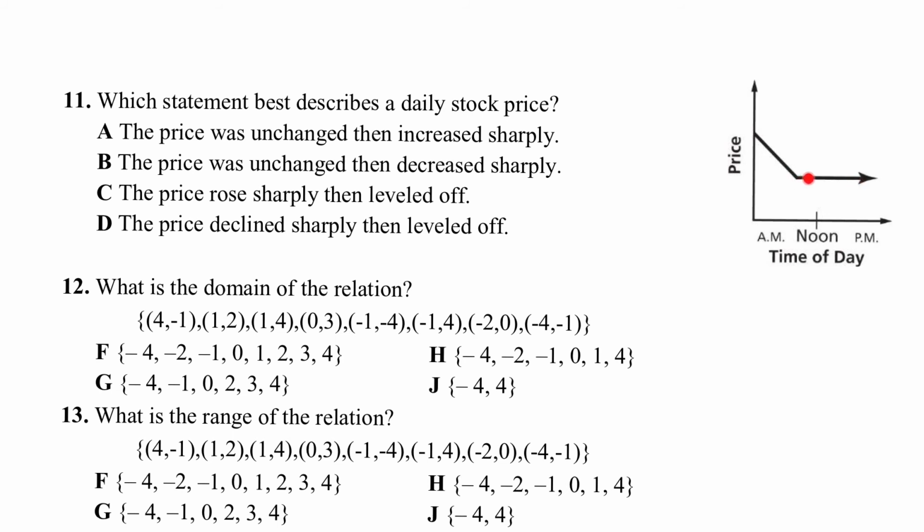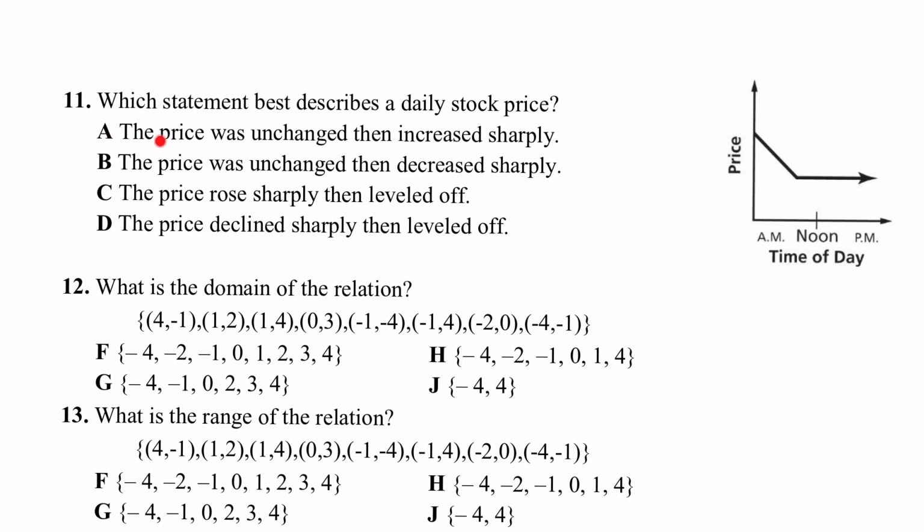Notice that the line goes to the right and it is a horizontal line. That means that it's constant, that it doesn't change. So we have the price going down and then it just stays constant. So reading the options, I noticed that we have to find the correct answer where it describes the graph.